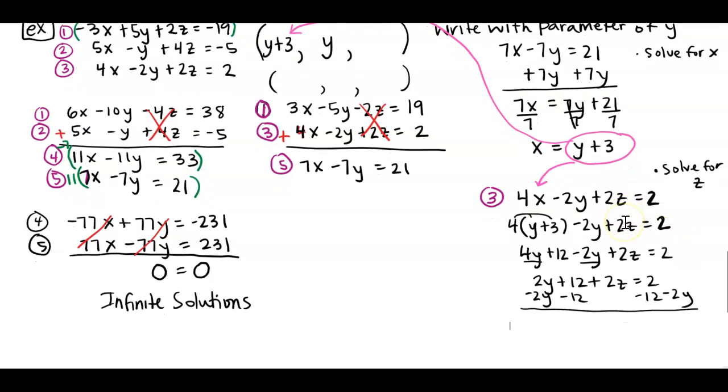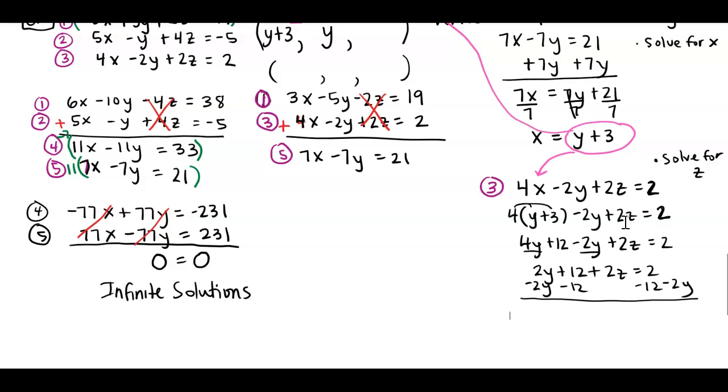Let me scroll down just a little bit here. So that's going to give me 2z on this side equals negative 10 minus 2y. And now I just need to divide everything by 2. So z equals negative 5 minus y.